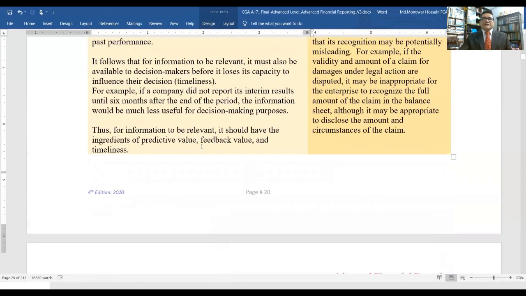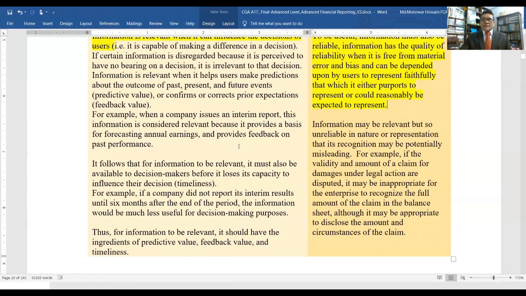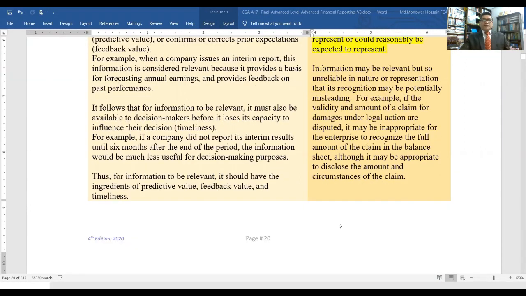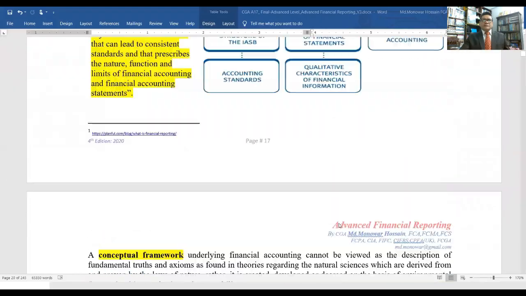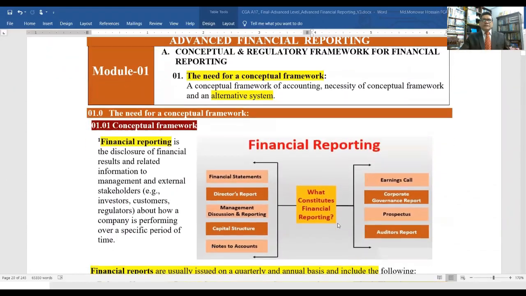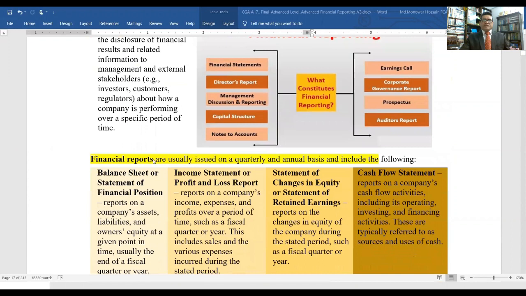So I think that's it for today. We learned the conceptual framework. Before that, we learned financial reporting, and that financial reports are usually issued quarterly and annually.